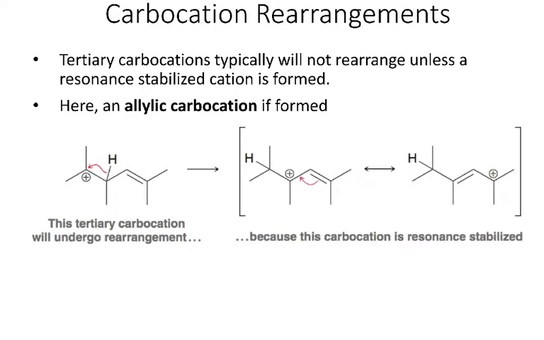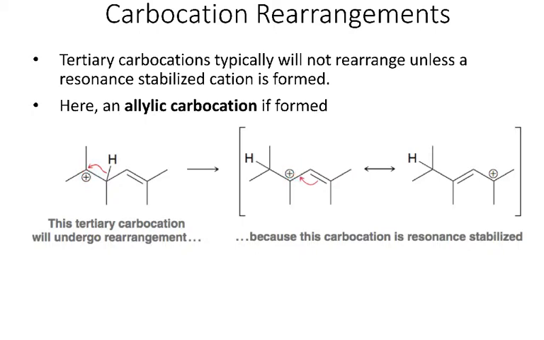Now, not only are tertiary carbocations more stable than secondary or primary or methyl carbocations, but resonance can also help stabilize our carbocation. In this case, if we undergo this hydride shift and move the carbocation from here to here, it would seem that doesn't get us much, because I went from a tertiary carbocation to a tertiary carbocation.